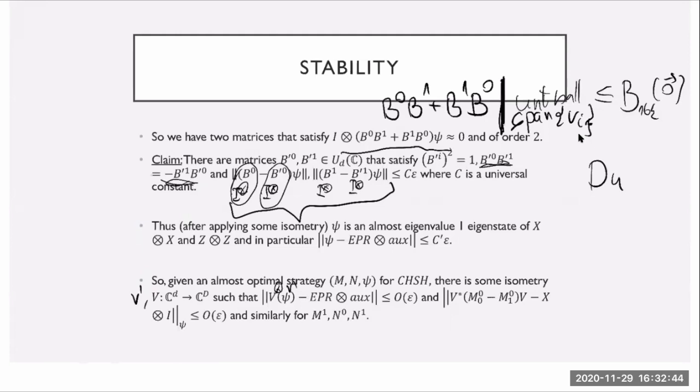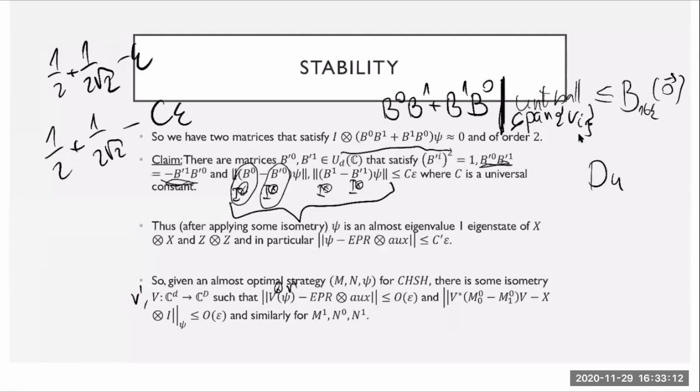If I replace the original B0 and B1 by the new B0 prime and B1 prime, I win with almost the same probability. This is the point. I won at first place with 1/2 plus 1/2 square root of 2 minus epsilon. Now I will win with some 1/2 plus 1/2 square root of 2 minus some constant times epsilon. And this constant is universal.